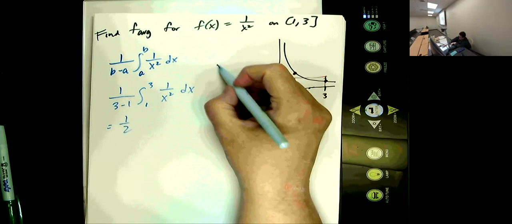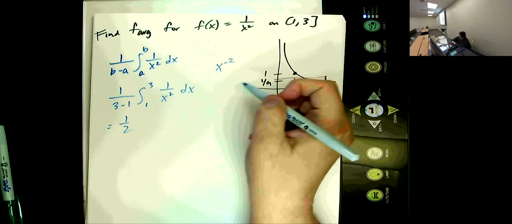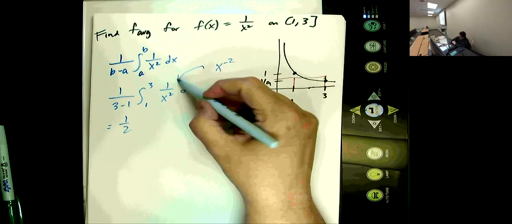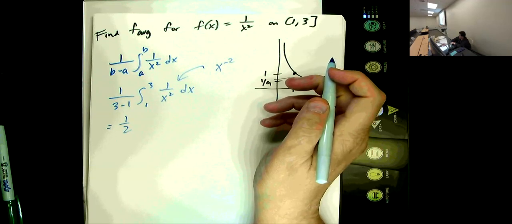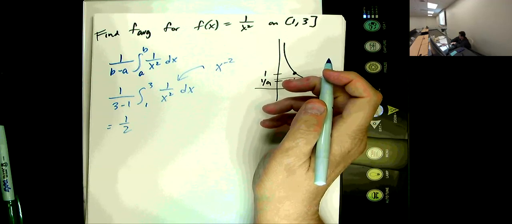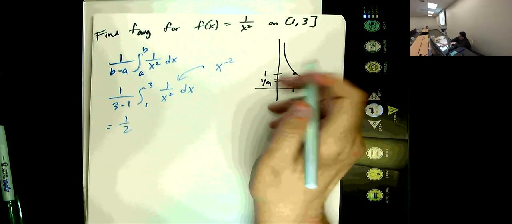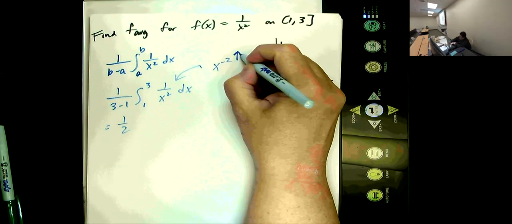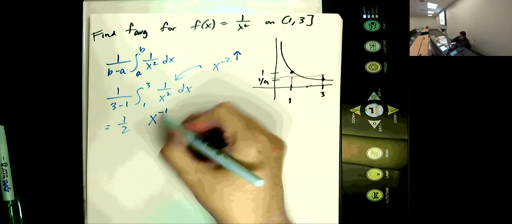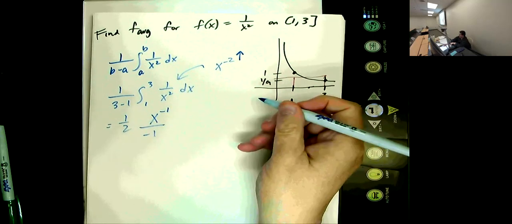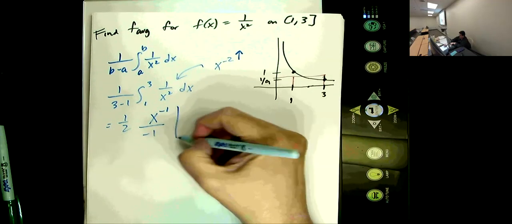This is x to the negative 2. So what is the integral of x to the negative 2? We have to go up a power. So what's up a power? Negative 1, and then we divide by the power. And we're evaluating that from 1 to 3.